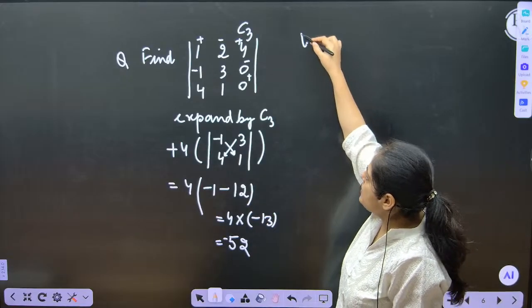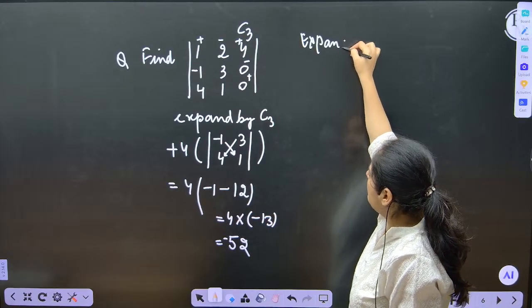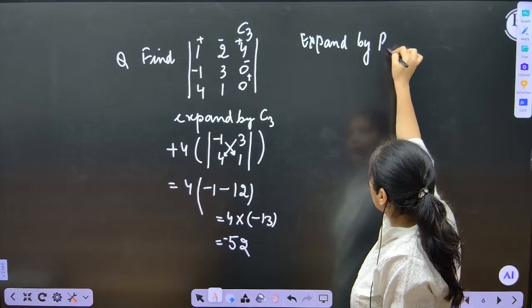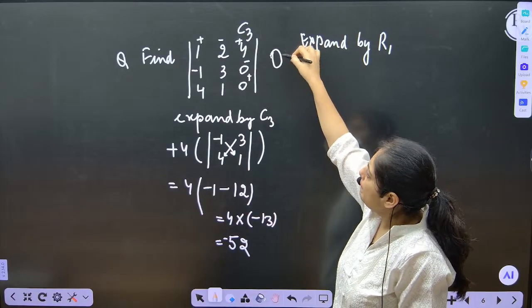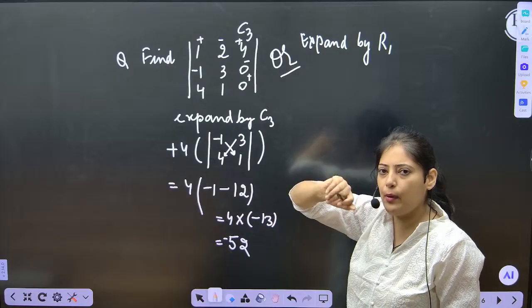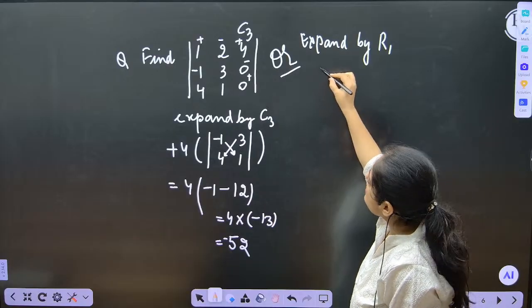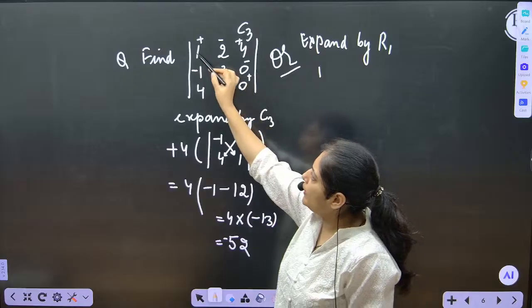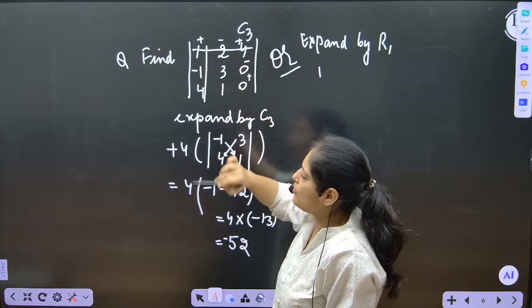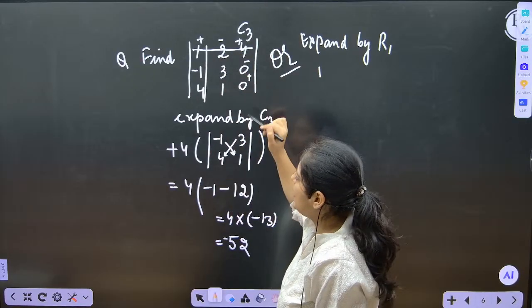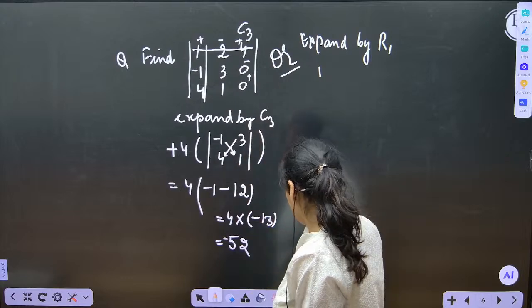Now I'm expanding by row 1 only, and the answer will come out to be the same only. See, 1 lies in this row and this column, leave them. Which numbers are left? 3 0 1 0.